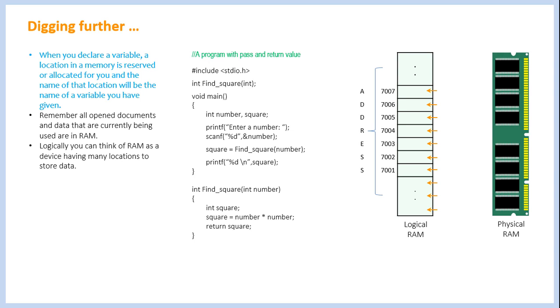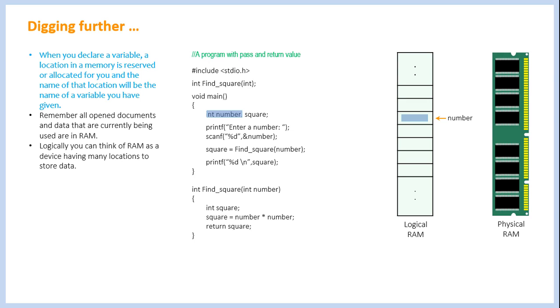Now let's see what really happens when you declare a variable. When you do int number, some location in memory is reserved or allocated for you. Let's say this memory is reserved. Now you can refer to and use these locations through the name number.